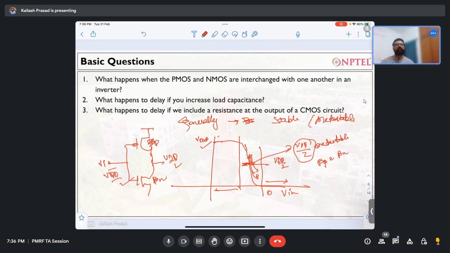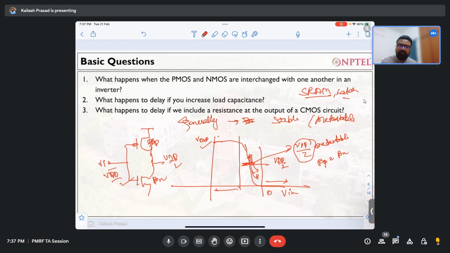Generally, when we talk about circuits like this, which are combinational circuits, we don't discuss metastability. We'll be discussing what we call SRAM, which is a memory, or we will discuss latches in coming lectures, maybe after 6 or 7 weeks.